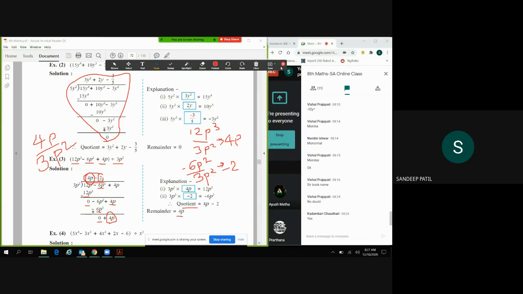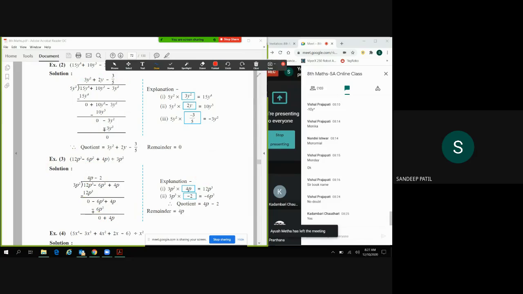So this way we can carry out the division, and we may get a non-zero value for the remainder. It is not always true that you will get the remainder as 0. The remainder may be non-zero too. So you have to be very careful while carrying out the division.